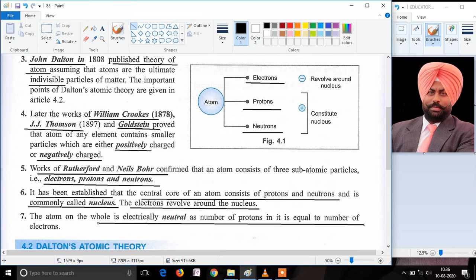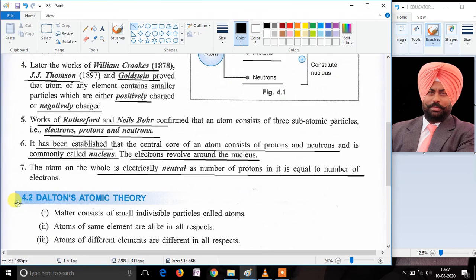Moving on further, the first scientist who gave a theory about atoms was John Dalton. This scientist, John Dalton, gave a theory which is known as Dalton's atomic theory.